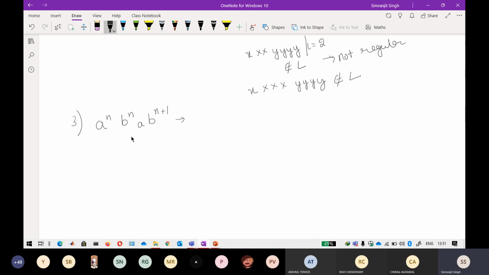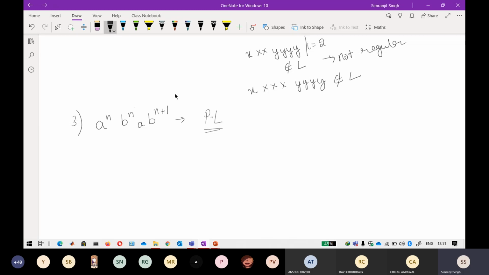You can directly see that this is not a regular language, but how to prove it? That can only be proved by the pumping lemma. If you want a substantial, mathematical proof, you have to apply the pumping lemma. If I just say prove that this is not a regular language, you can only prove it by the pumping lemma, so keep that in mind.